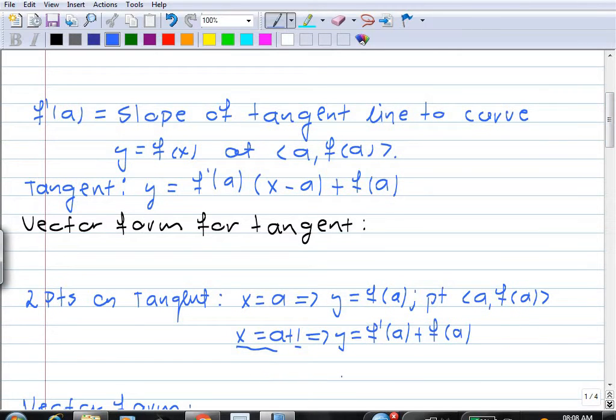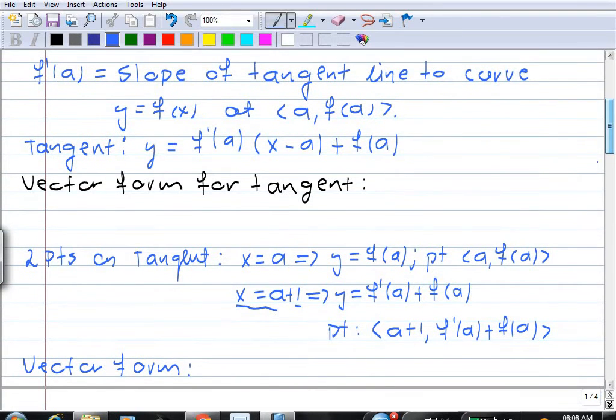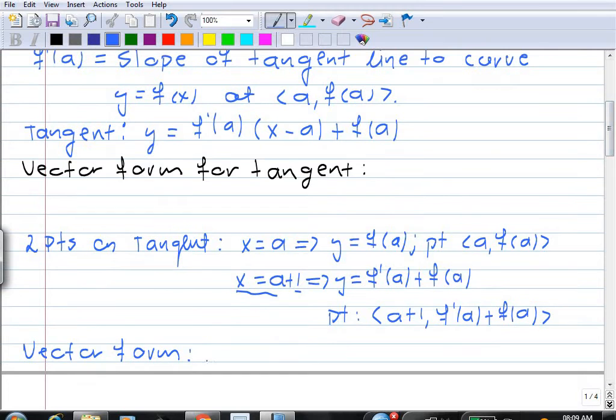And that gives us the point a plus 1, derivative of f at a plus f at a. So now we have 2 points on the line, and therefore we can write down a vector form or a vector equation, right?